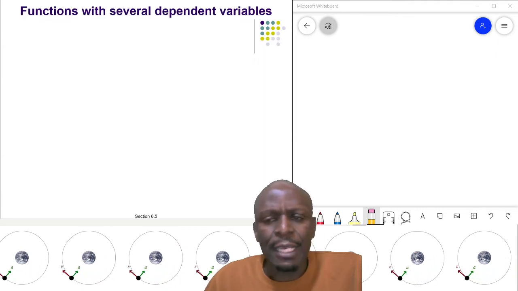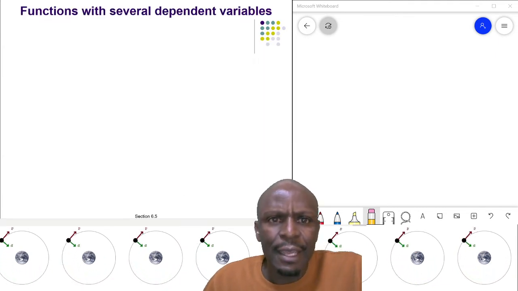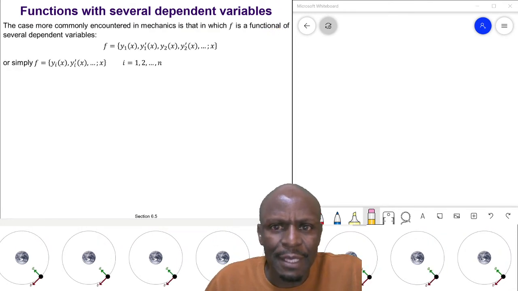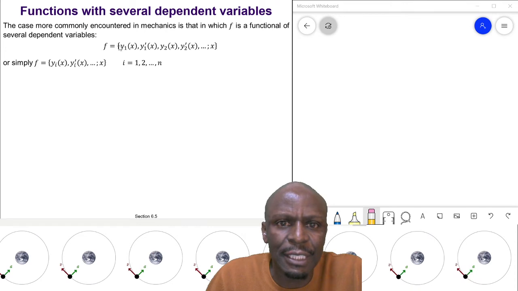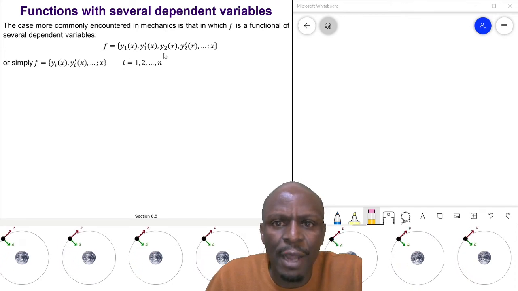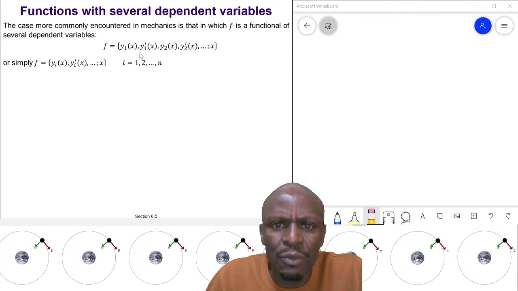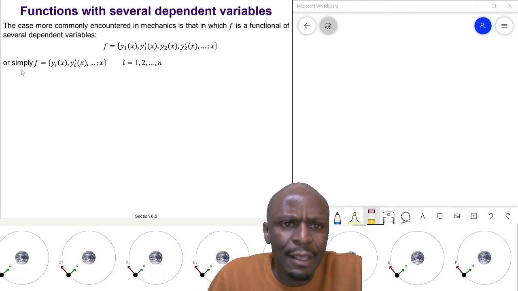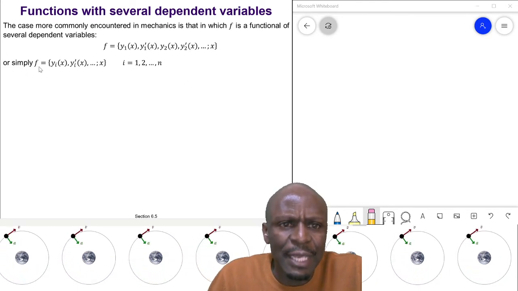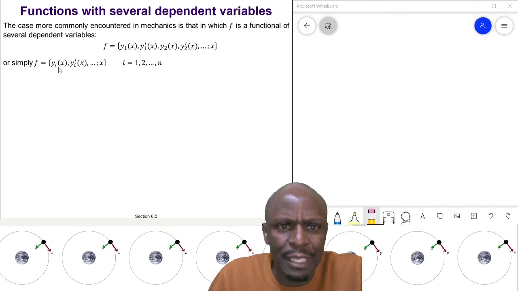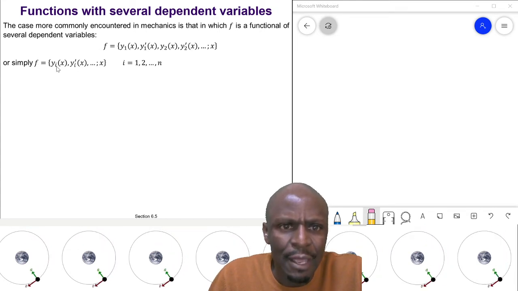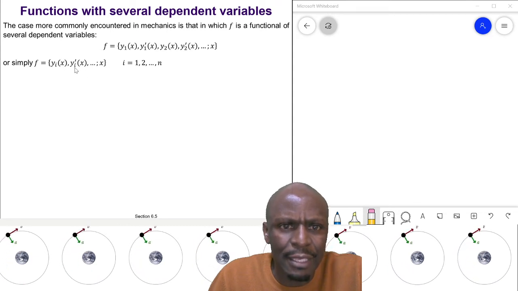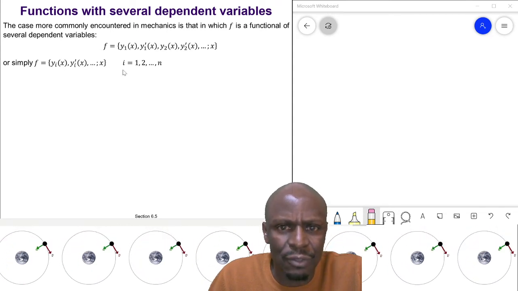Right. Now, let us also consider the function with several dependent variables. We are just going to apply the same thing. Suppose that the function is a function of y1, y2, and y1 prime and y2 prime. Simply, we can just write this function f in terms of y subscript i of x and y subscript i prime of x, like that.